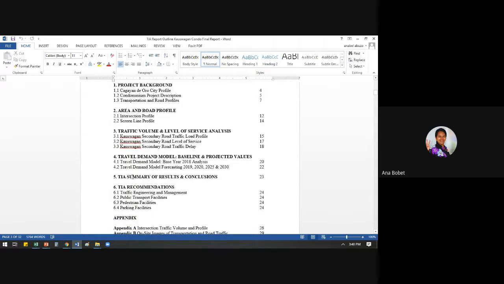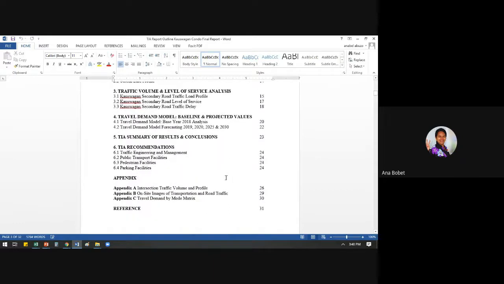Baseline and projected value, traffic impact, summary of results and conclusion, and then recommendations. The recommendations are the largest part. This is where traffic engineering and management comes in to mitigate the impacts: public transport facility, pedestrian facility and parking facility so the road is decongested and people are properly served in transportation.